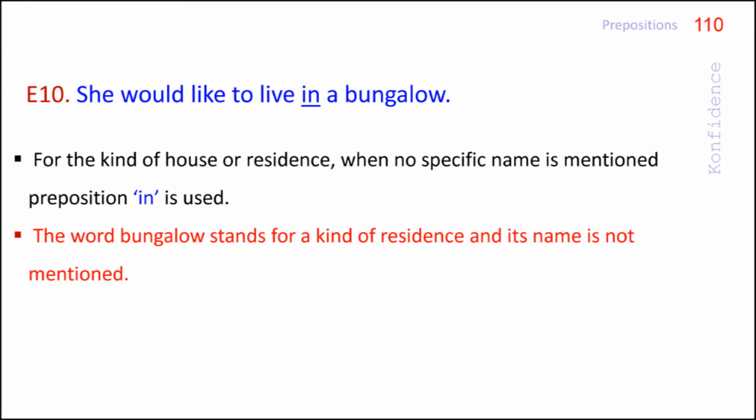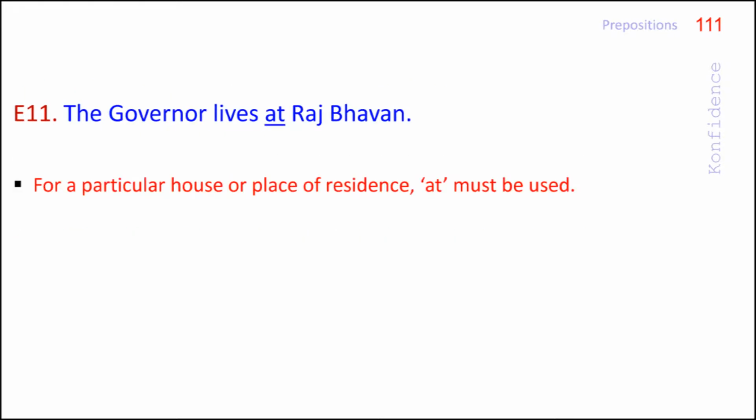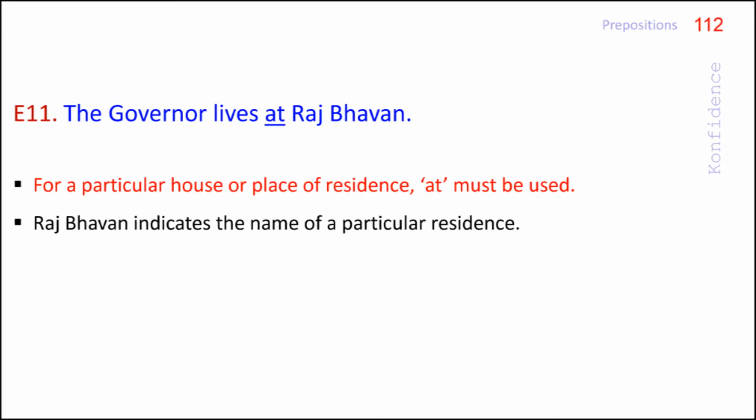In the next example, the word bungalow stands for a kind of residence and its name is not mentioned. So, in is used here. But for a particular house or place of residence, at must be used. In the example, the word Raj Bhavan indicates the name of a particular residence. That is why preposition at is used in that sentence.